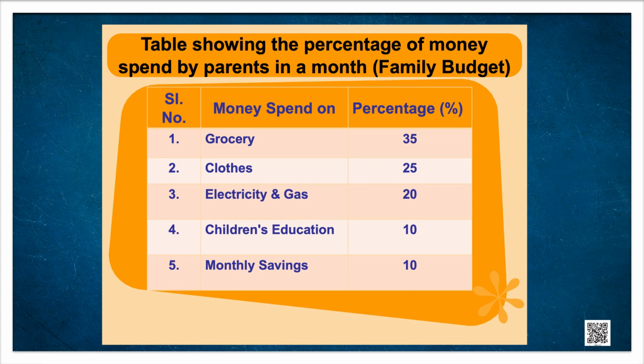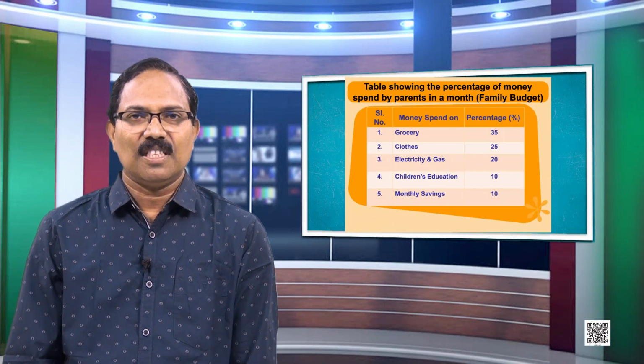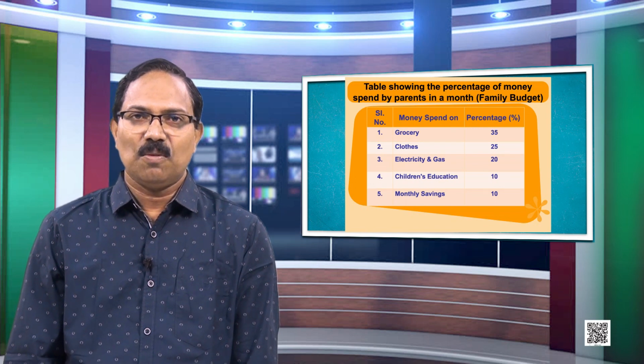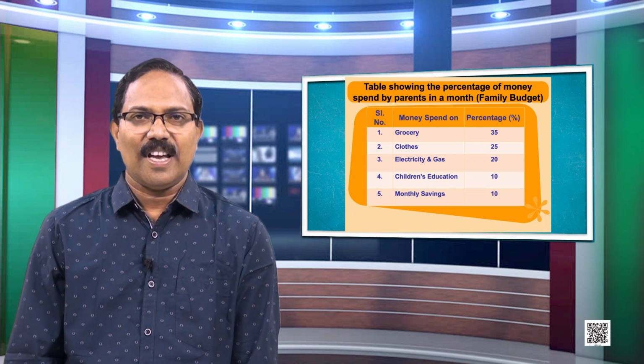Money spent for children's education, it is 10%. And monthly saving by the parents, it is 10%. Students, based on this data, will you be able to draw a pie chart? Yes, you draw a pie chart and also interpret the graph.